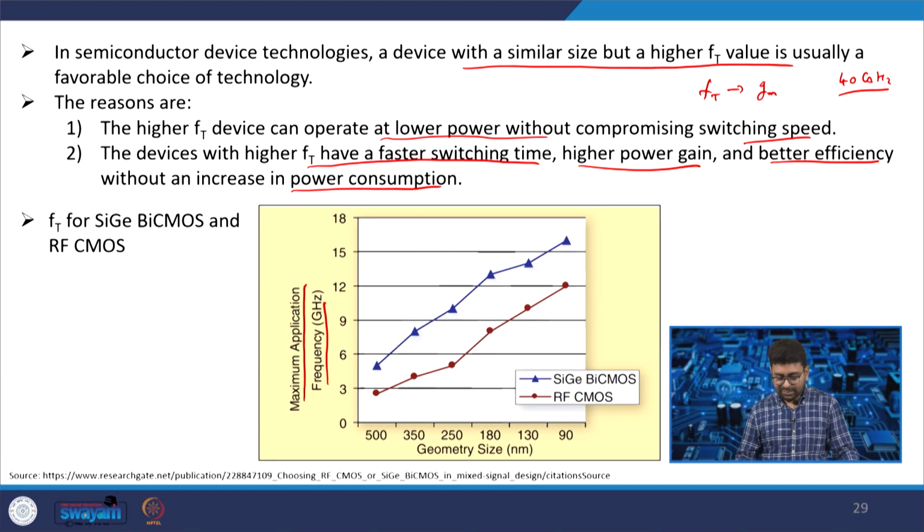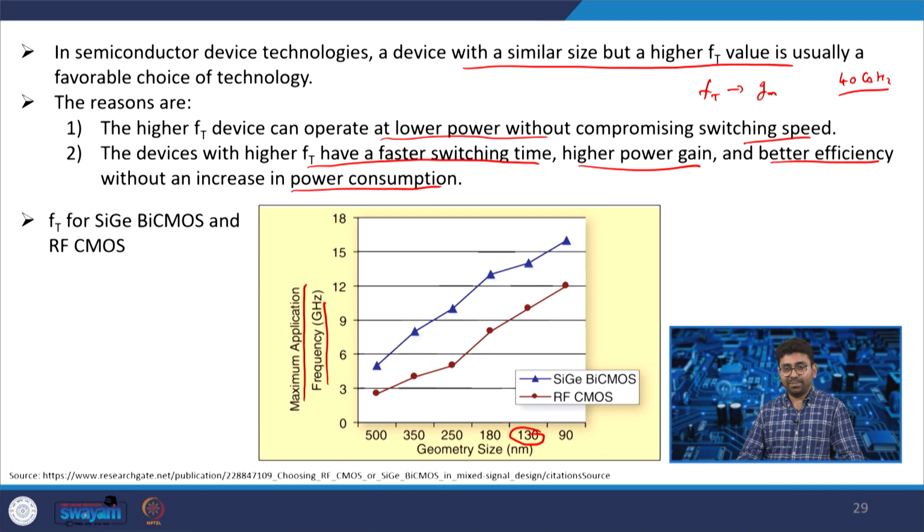So, for the same technology, if you consider 130 nanometer silicon germanium BiCMOS or RF CMOS, the FT or workable frequency of BiCMOS is in the range of 200 or 300 gigahertz. However, the CMOS does not have that much range.